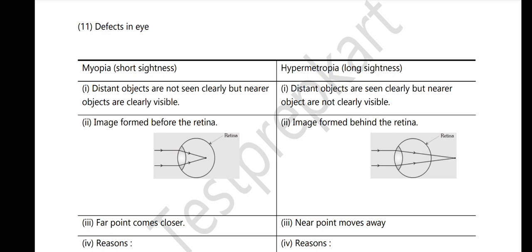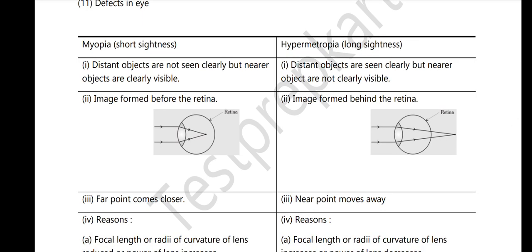The first defect is myopia, also called short sightedness. Distant objects cannot be seen clearly, but nearer objects are clearly visible.